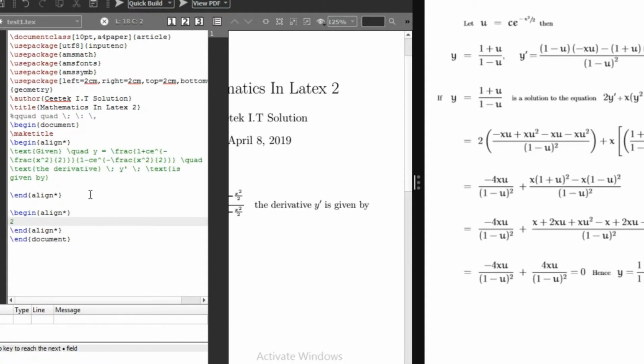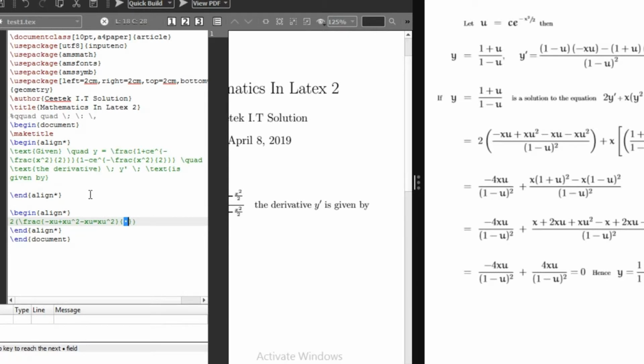So we have 2, and then we have bracket, and then we have a fraction. So frac, let me first close that, and right here, our numerator is given by negative xu plus xu squared plus, okay, so minus xu squared, right?